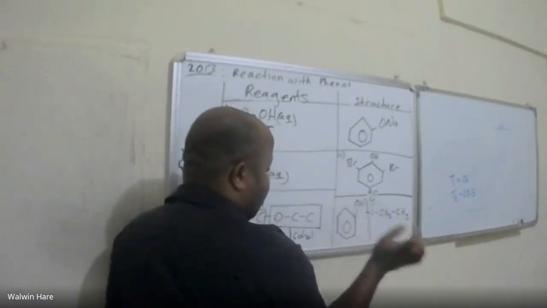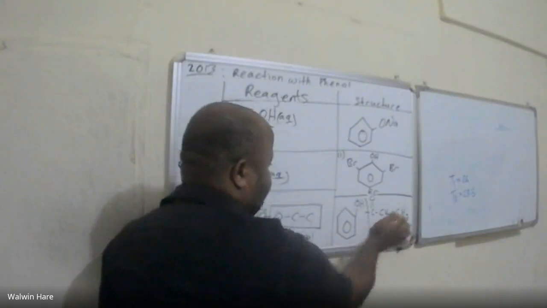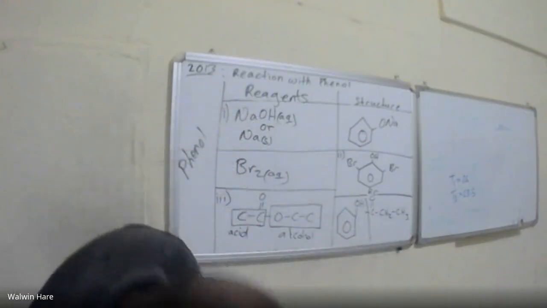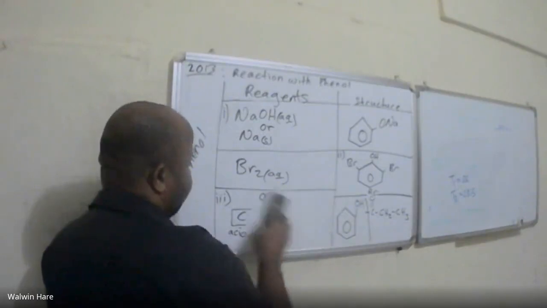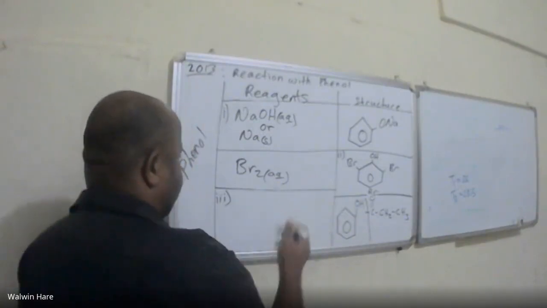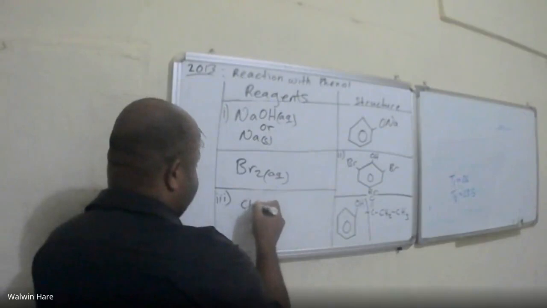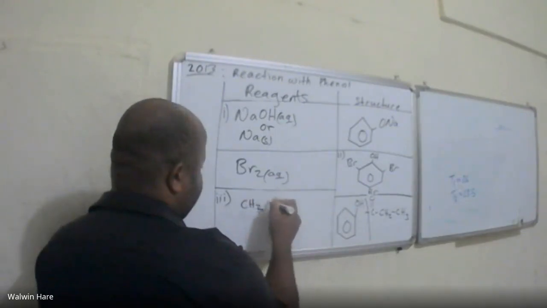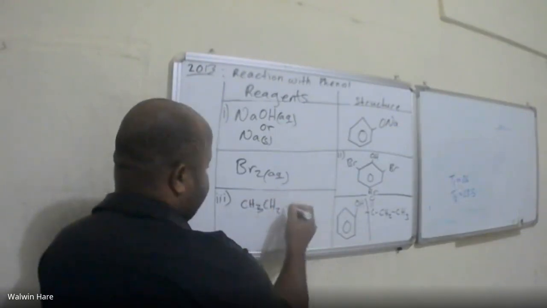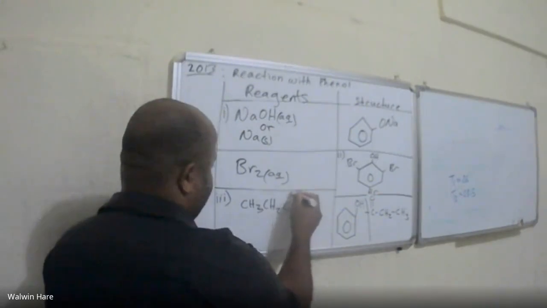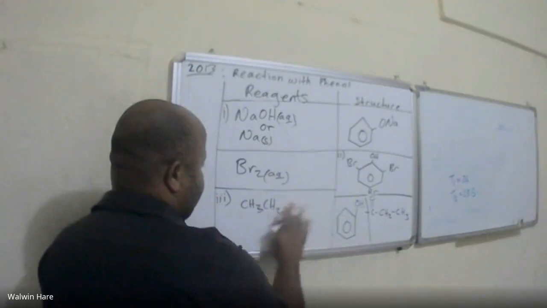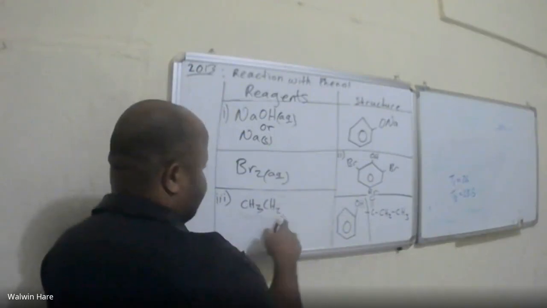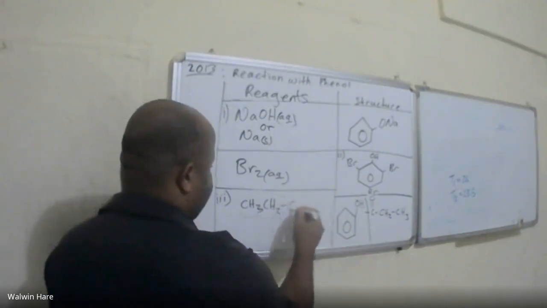Right? So the carboxylic acid consists of 3 carbons, or it could be an acyl chloride. So CH3, CH2, 3, double bond O, Cl. So it could be an acyl chloride, CH3CH2COCl.